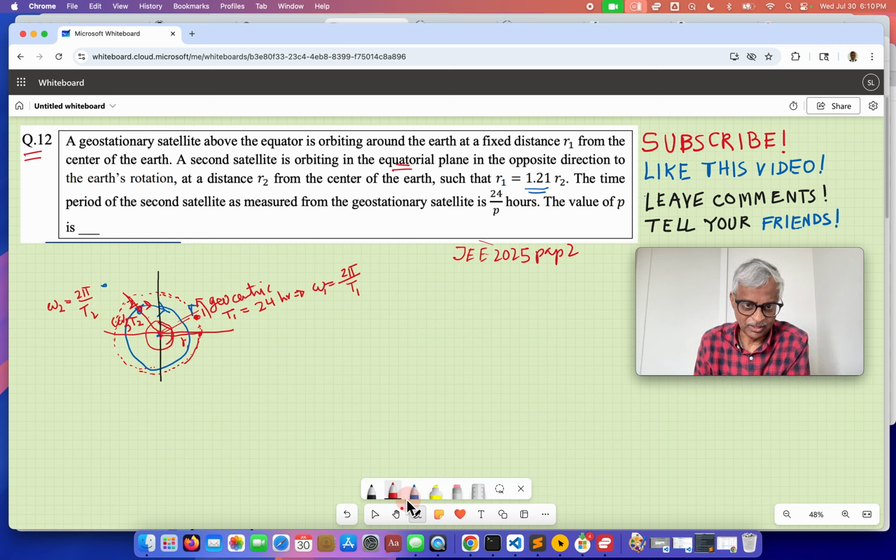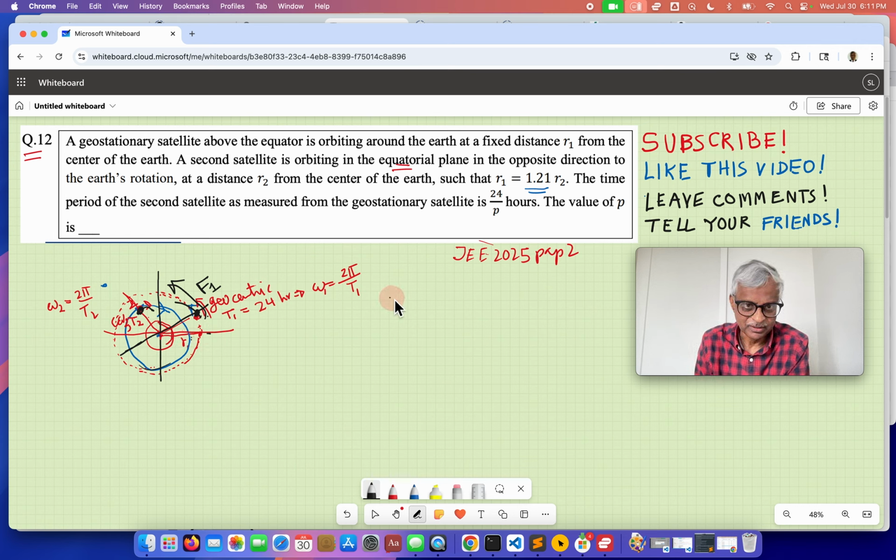So now imagine that we rotate ourselves with this guy. I'm in this frame, frame F1. Then in frame F1, this guy will be rotating at the angular speed of this guy with respect to the original one plus this guy with respect to the original one, right?